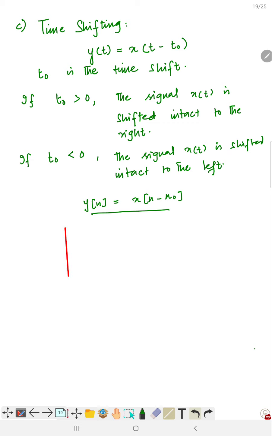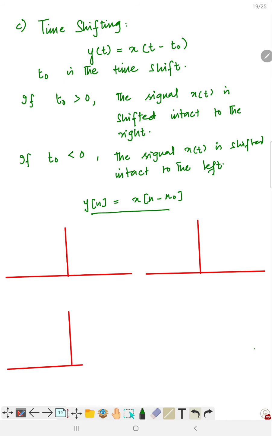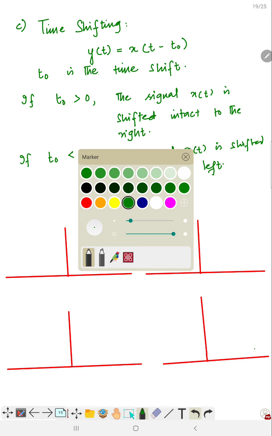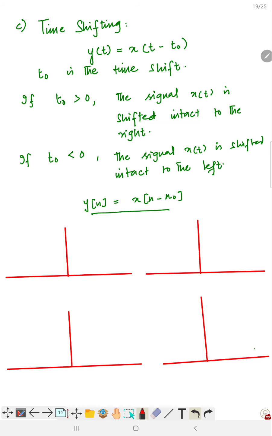We'll take a small signal here, only a few samples. So this is my original signal, say x of n.